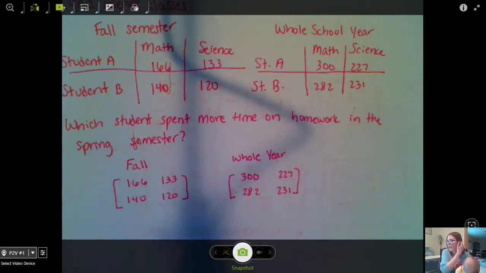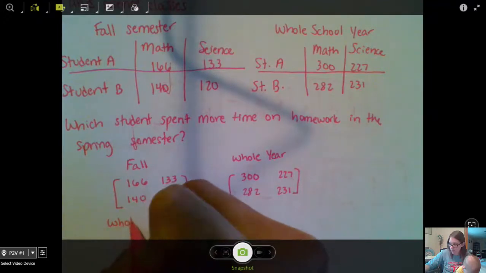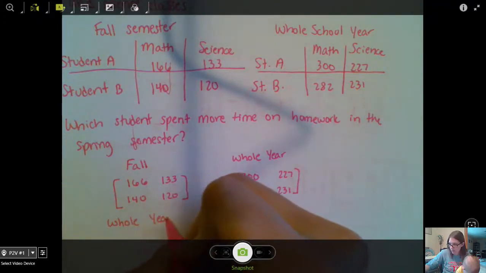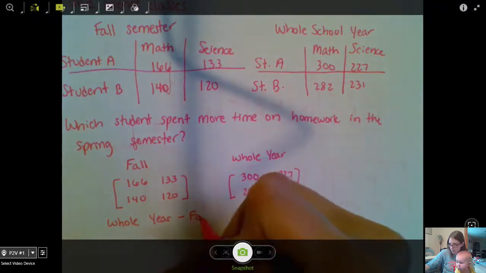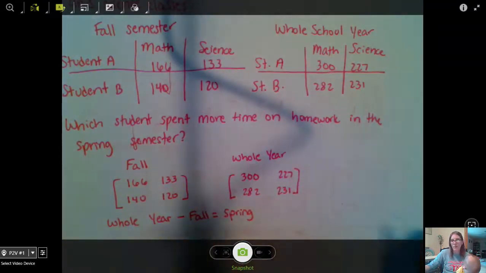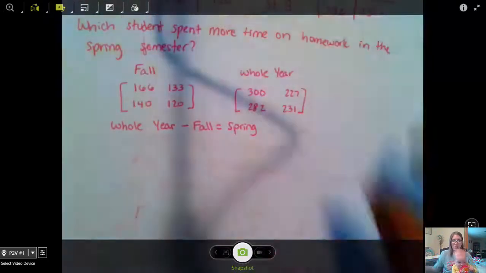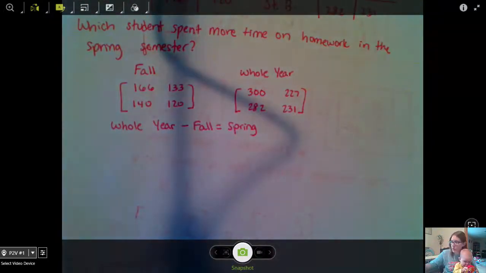Now, to figure out how many hours each student spent on homework in the spring semester, we would take that whole year minus the fall. So I can take this problem and really use matrix subtraction to find the answer to my problem.